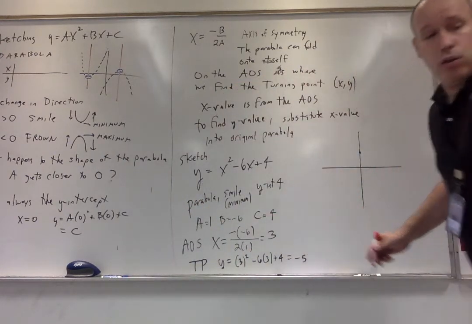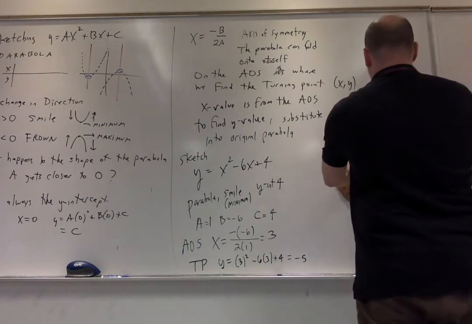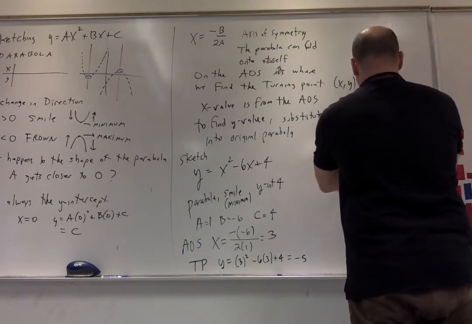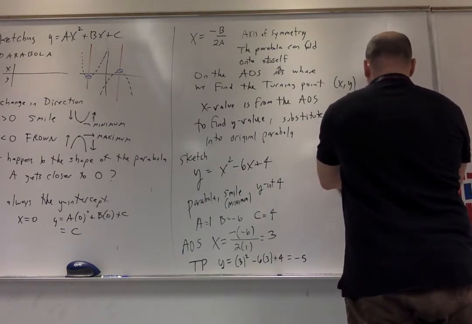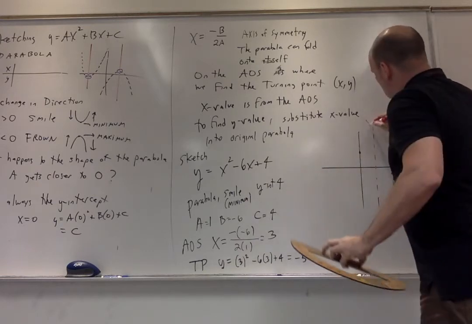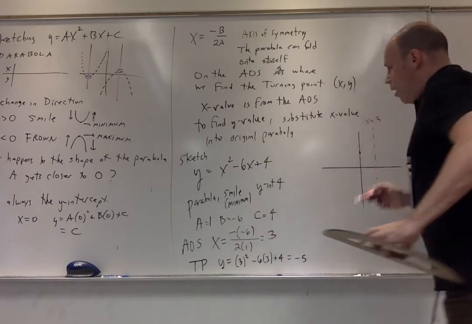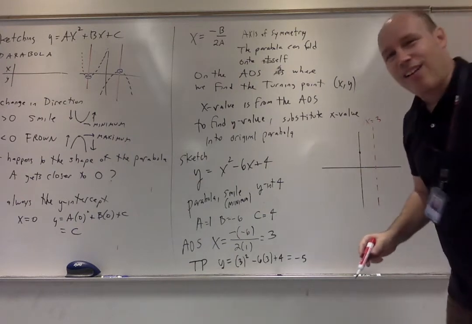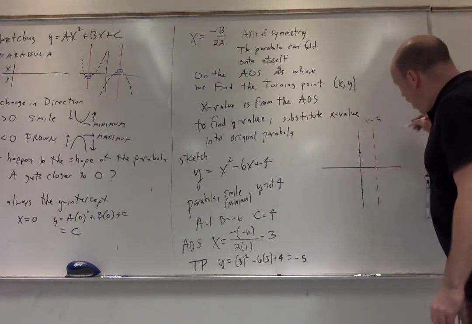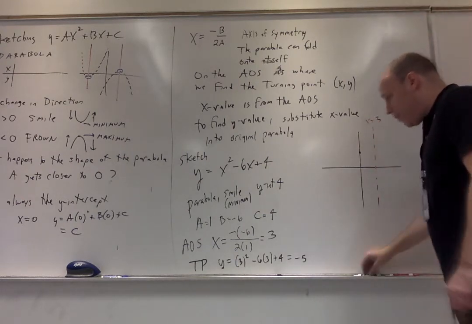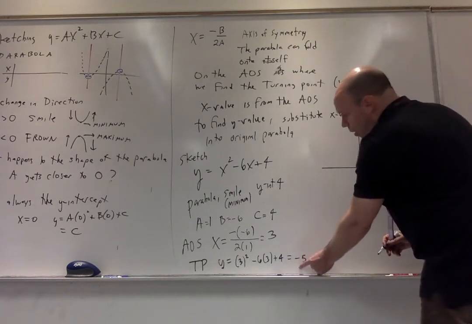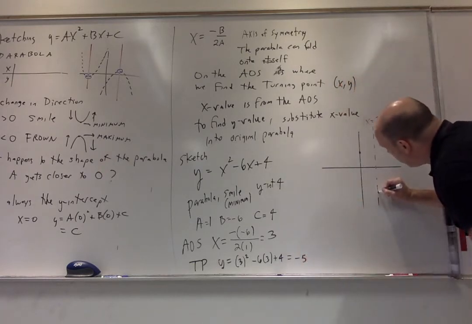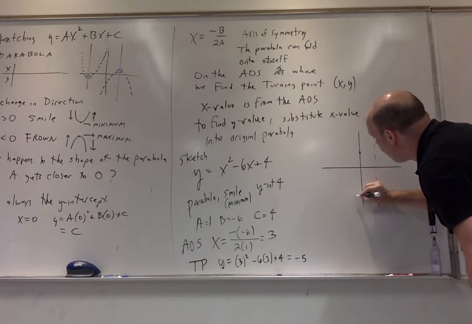You have to know how to do that. I know that the parabola is a smile, and I just don't know where it crosses on the axis of symmetry. But I do know it crosses down here at negative 5.